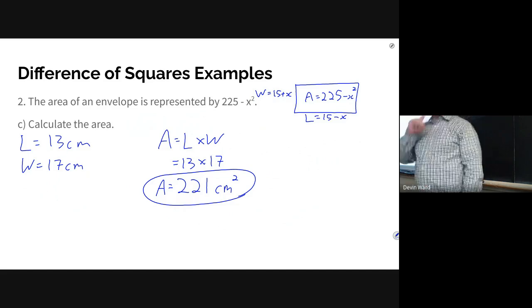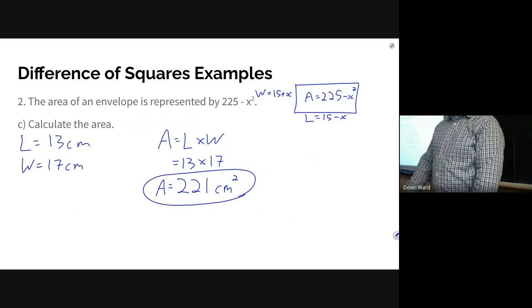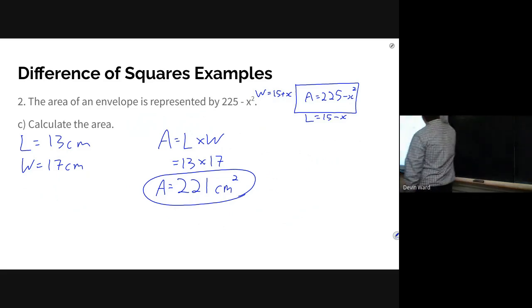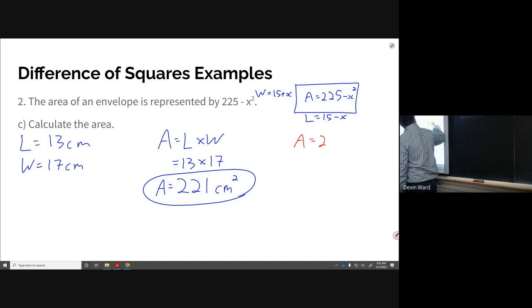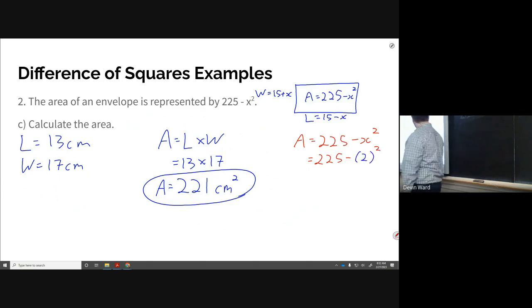How come the area isn't 225? It isn't 225 because it's minus x squared. So instead of calculating it this way, we can take our area that we had up here. Area equals 225 minus x squared. Well, x was 2, so minus 2 squared.